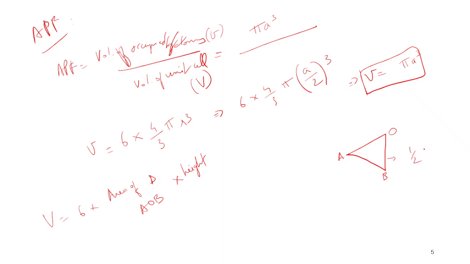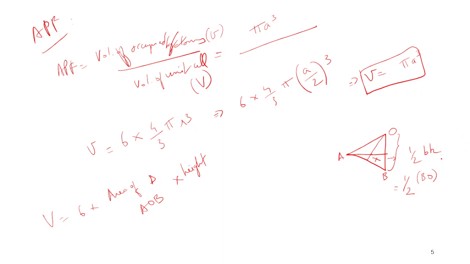Area is half breadth into height. So let's draw the bisectors. Bisector 1, bisector 2. This is point X, and in our case, half breadth we take as BO.